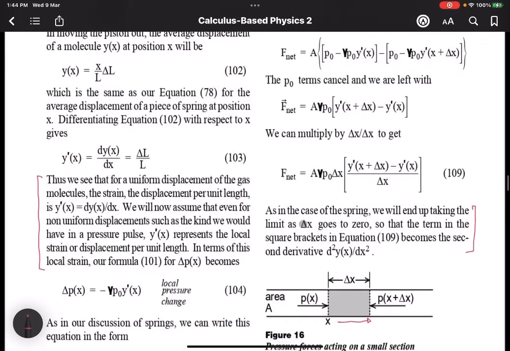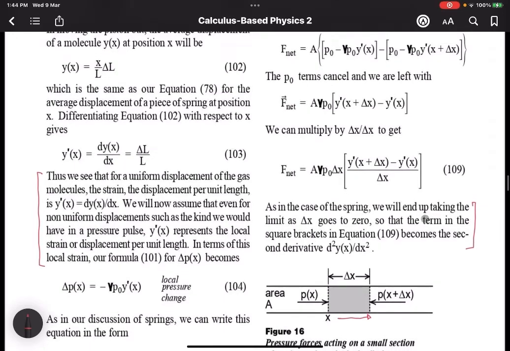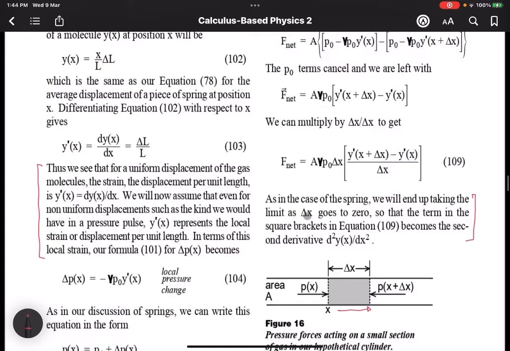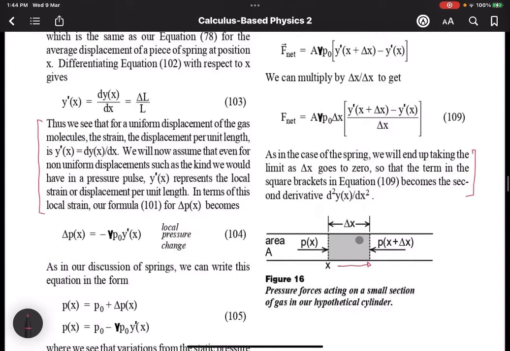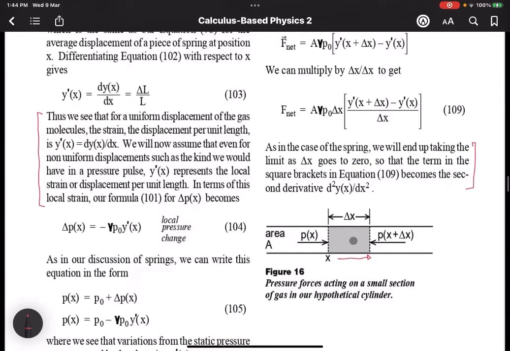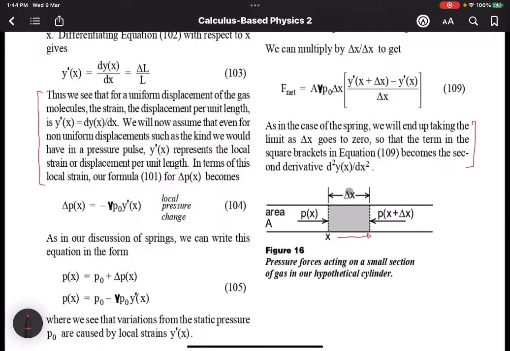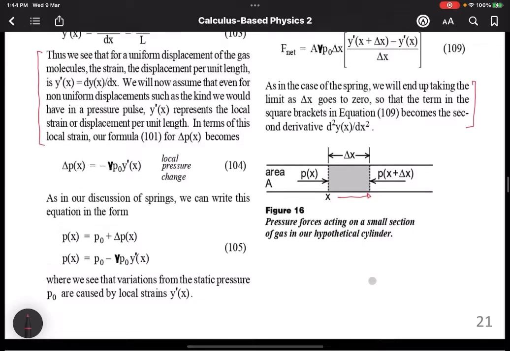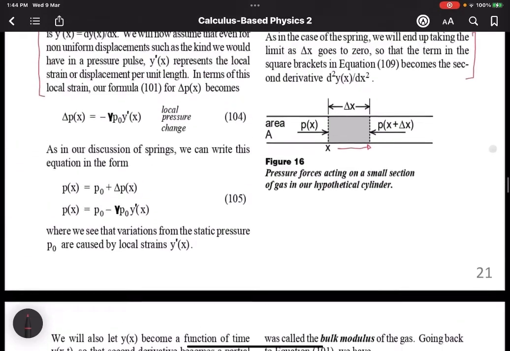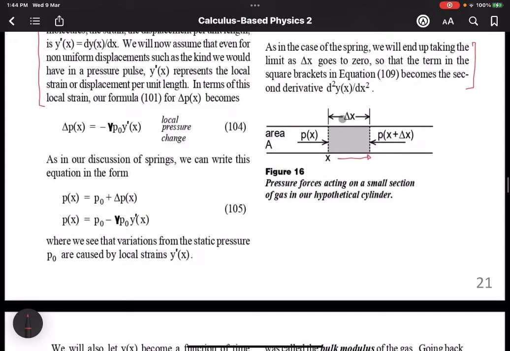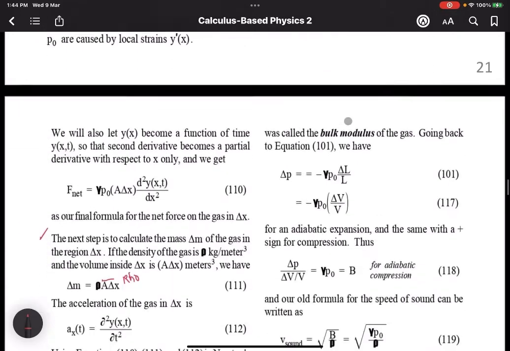As in the case of the spring, we'll end up taking the limit as the change in x goes to 0. We are applying the formula in this specific region or section. So, this is the pressure force acting on a small section of gas in our hypothetical cylinder. We are considering only one point, that is the change in x.